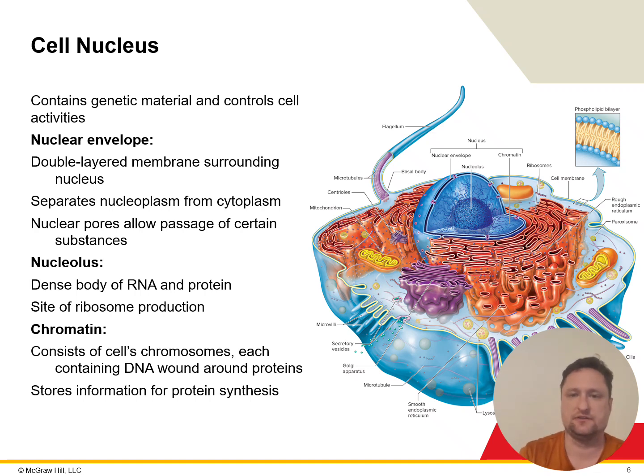Within the nucleus, the nucleolus is a dense region where ribosomal RNA is synthesized and ribosomes are made. So the DNA is organized into chromatin, a combination of DNA and protein that condenses into chromosomes during cell division.